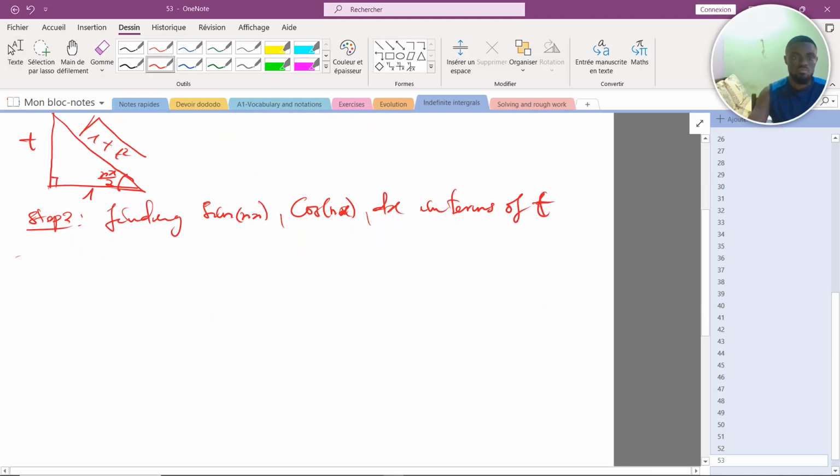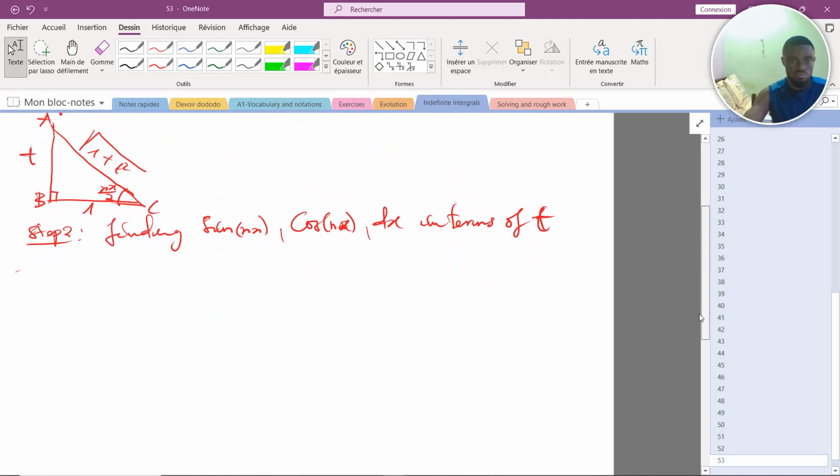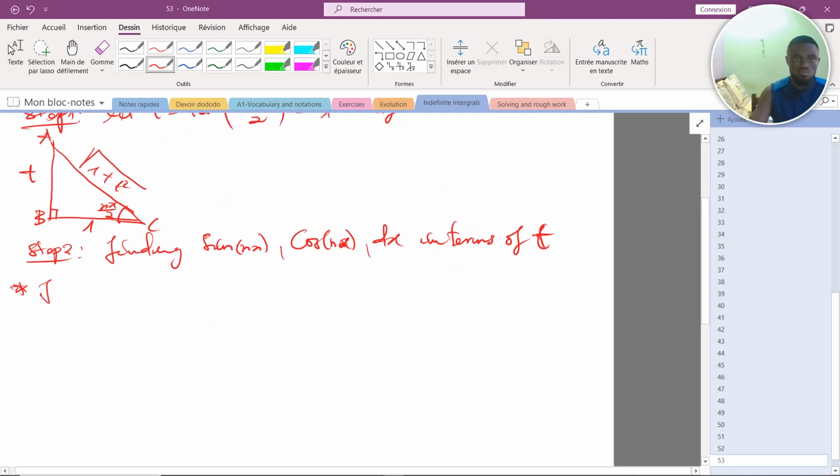Now let's call this triangle. I usually like to name the apexes of my triangle, so whenever I want to refer to it, it will be very simple. Now, from triangle ABC, the first one we have to find is our sine nx.